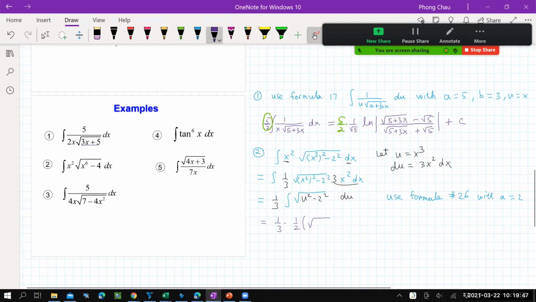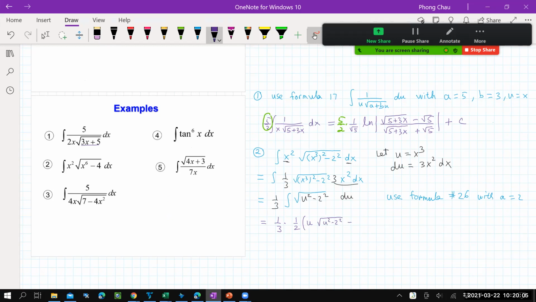So I need to have the u first. It is u times the square root of u squared minus 2 squared, minus.